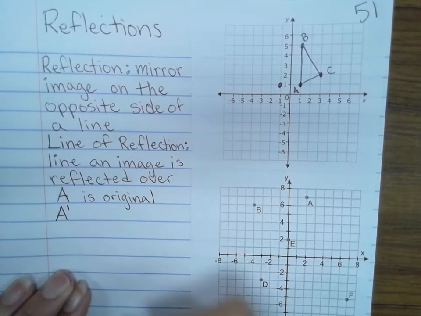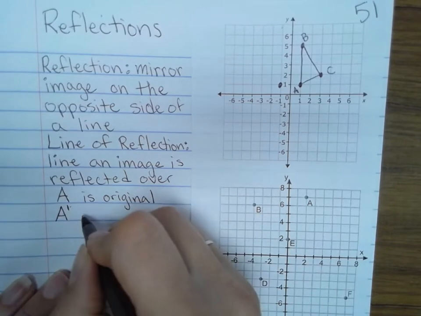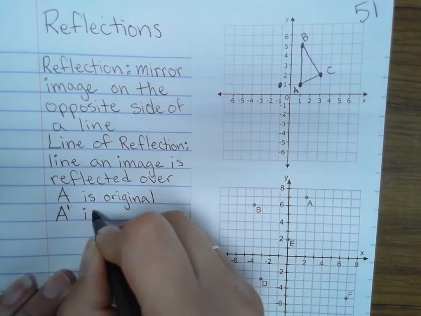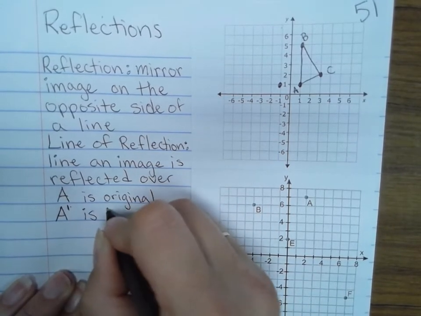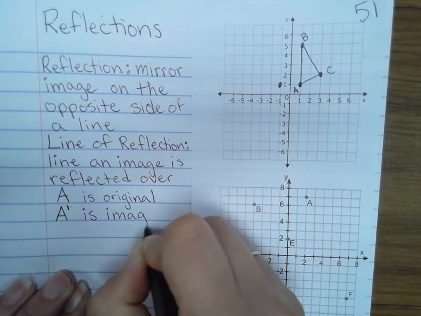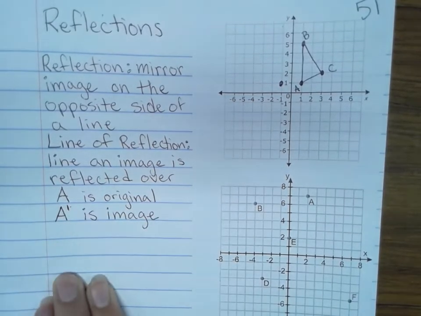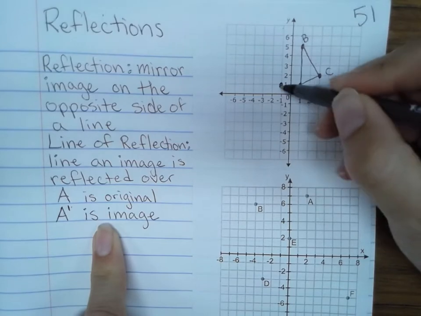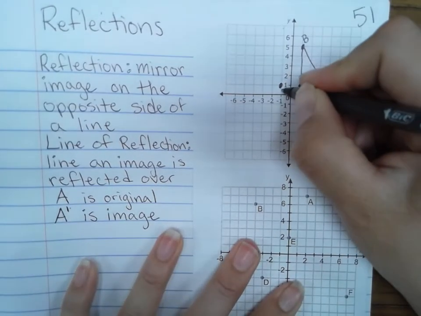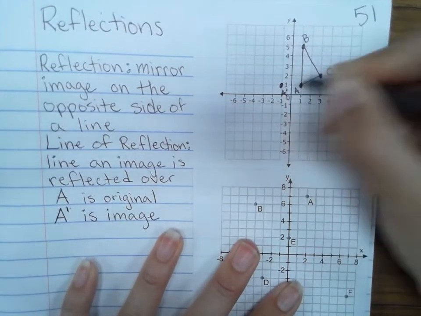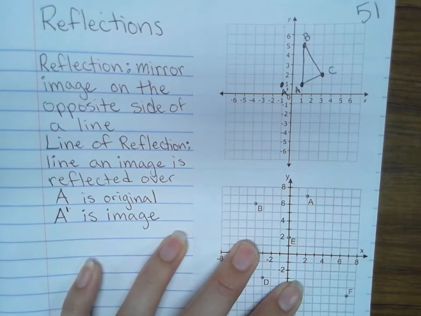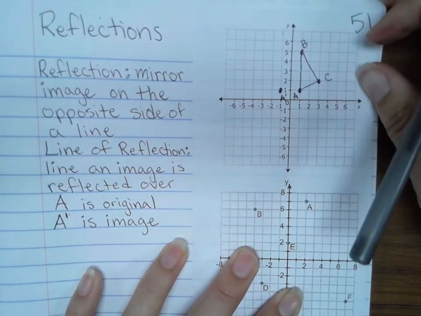That right there, it's called A prime. Okay, and that is the image, or after it's been reflected. So since I plotted this point here, it's not the original, so I'm going to write A, and then put a little tick mark by it, A prime. That lets me know that that's my reflection.